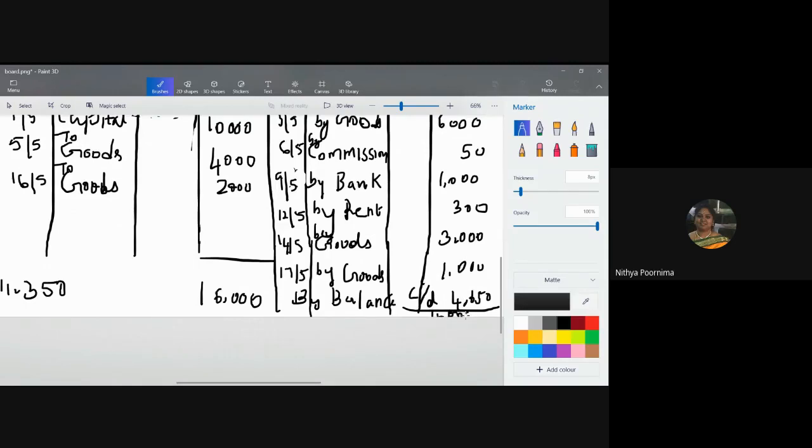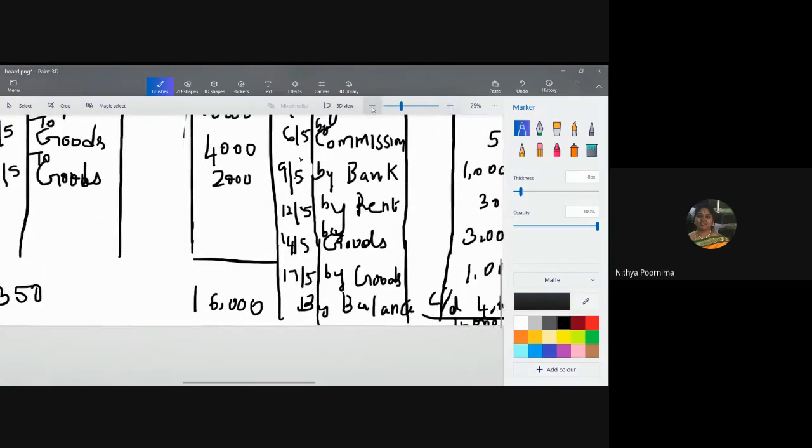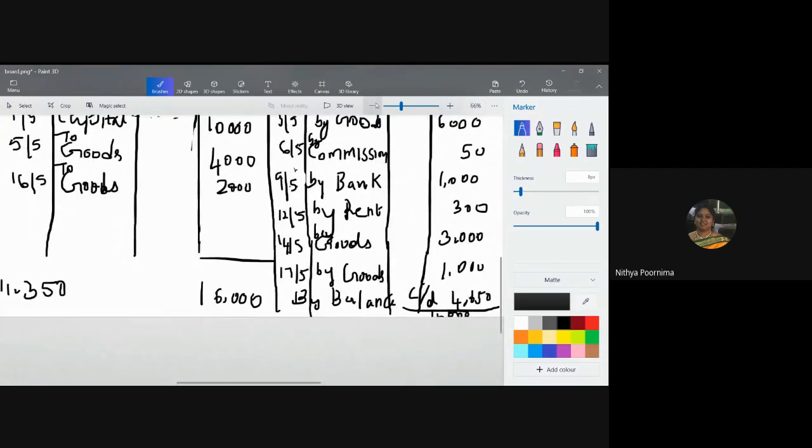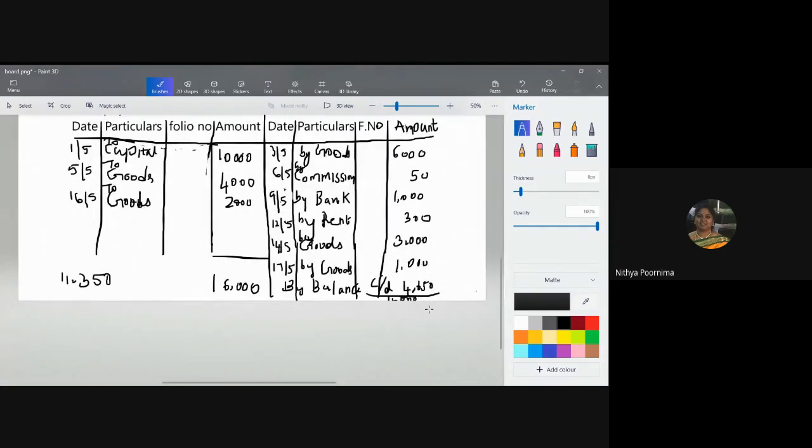So this balance and this balance remain the same. Is it clear? This total is 16,000. So this is how we balance the ledger. You understood? Yes, ma'am.